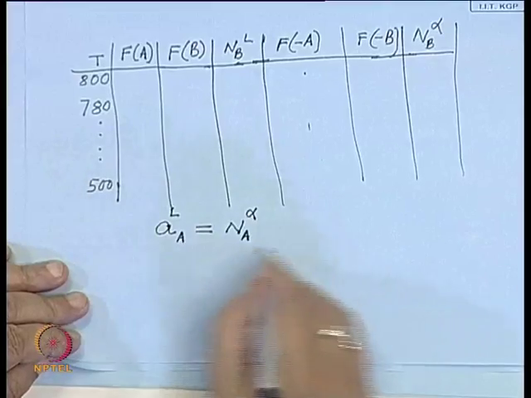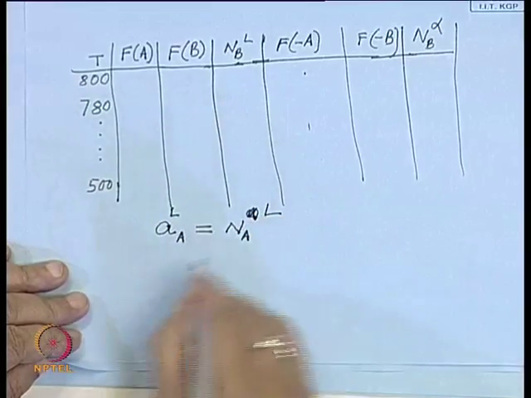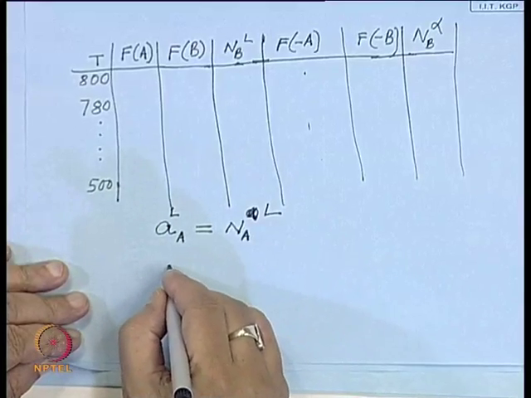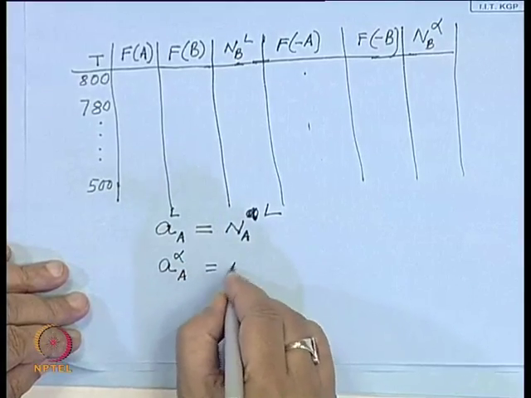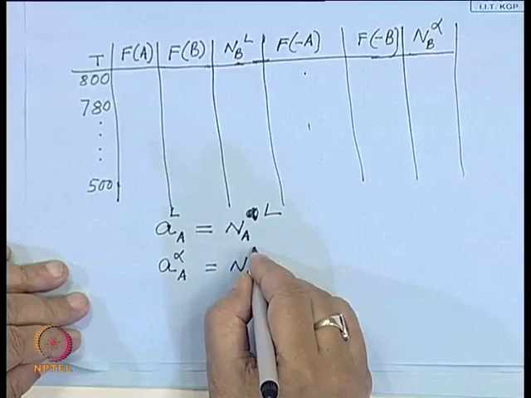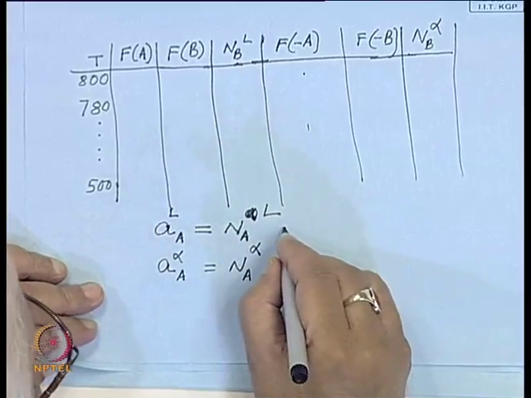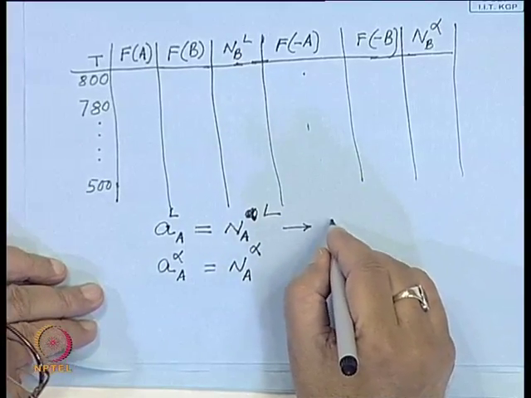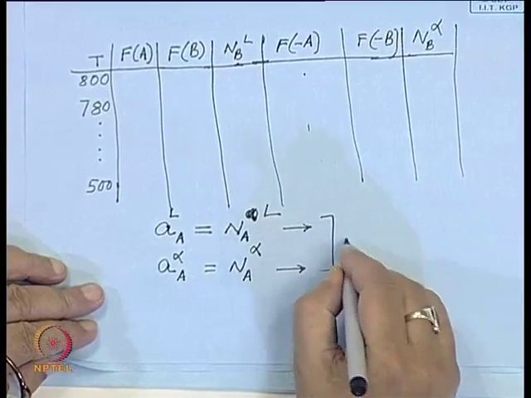Similarly, the activity of A in alpha equals N A alpha. So, that means you have an ideal liquid solution and an ideal solid solution, both are ideal.